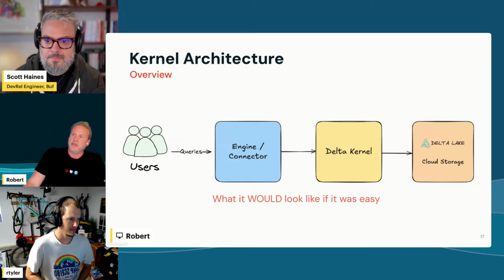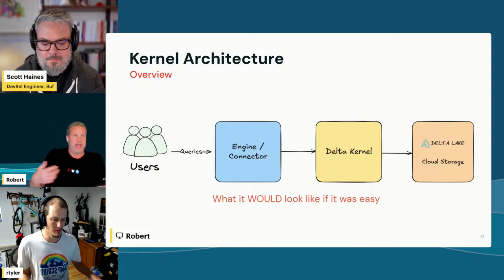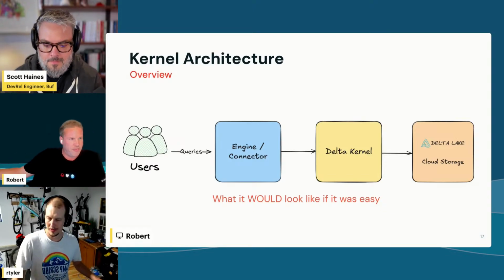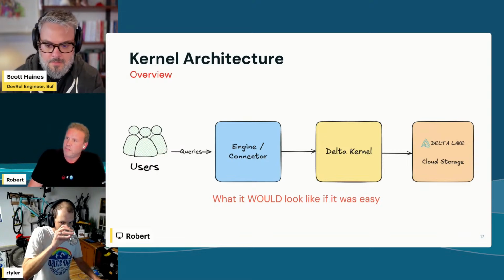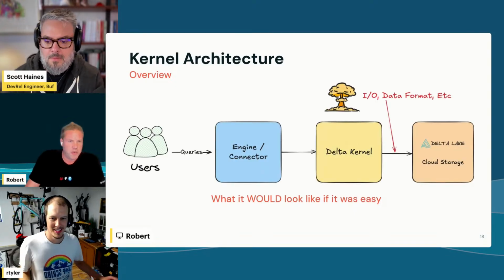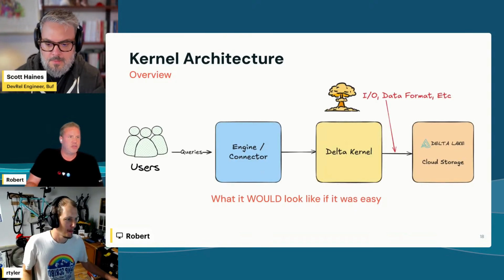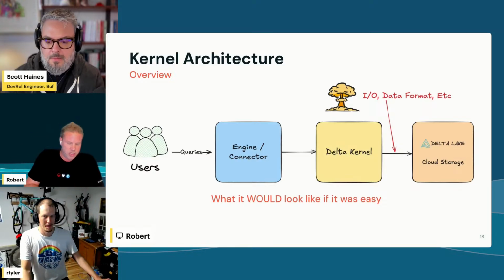And if it were easy, if we just take that layer and say we're not caring about anything else, we'll just do everything within the integration, this is what it would look like. But this is where this blows up, right? This is where, if we remember before, we're spanning the line between query engine and I/O.